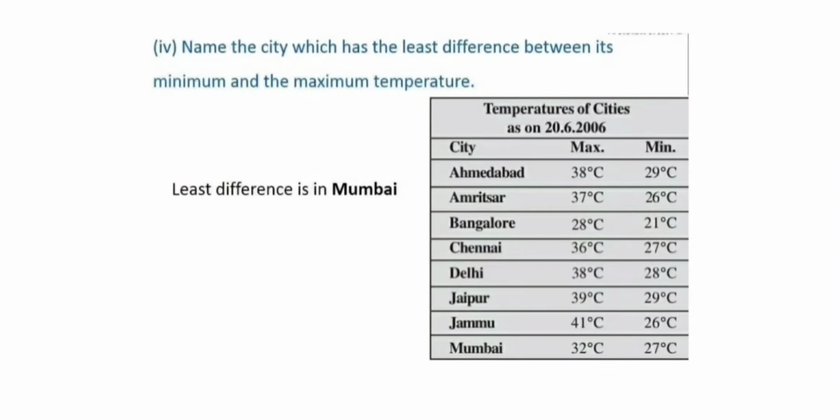Name the city which has the least difference between its minimum and maximum temperature. The difference is 5 for Mumbai, so the least difference is in Mumbai.